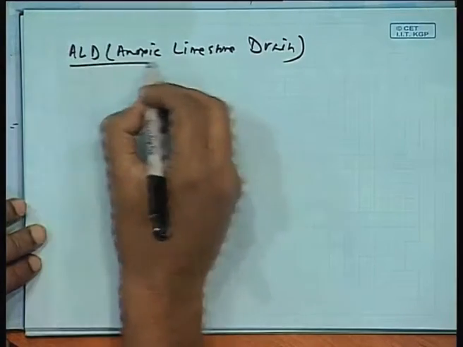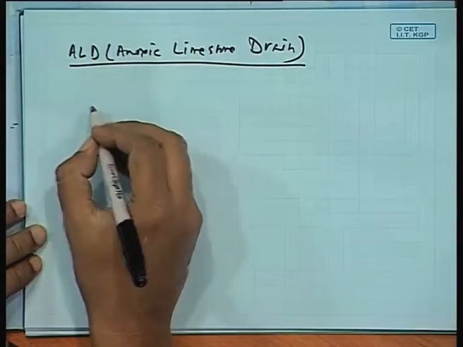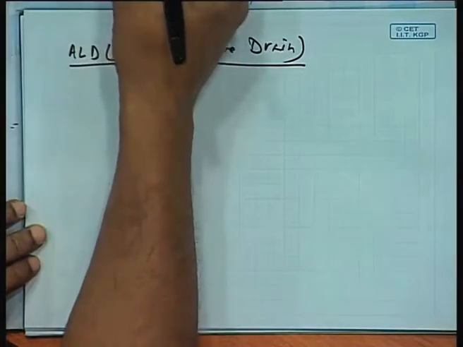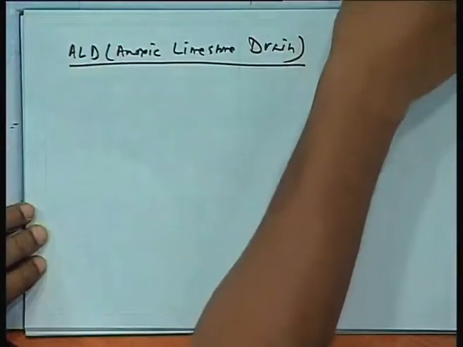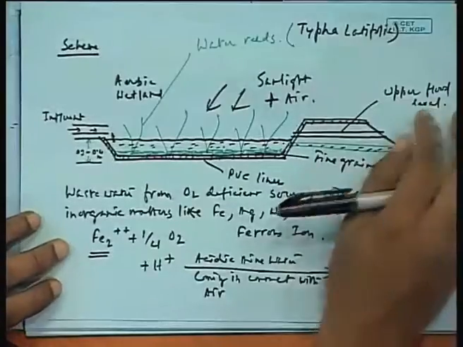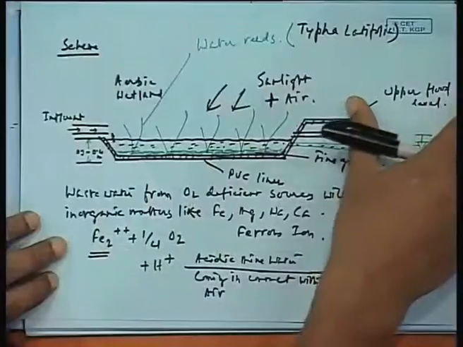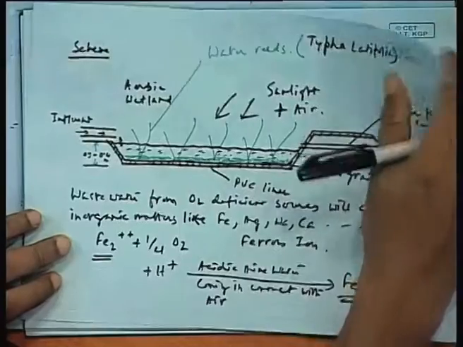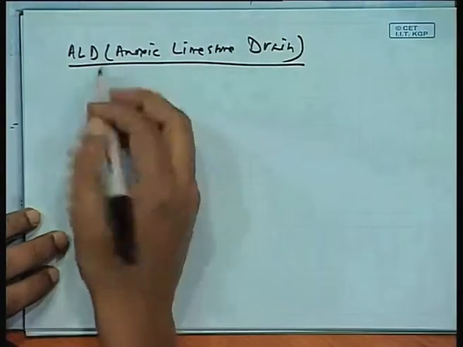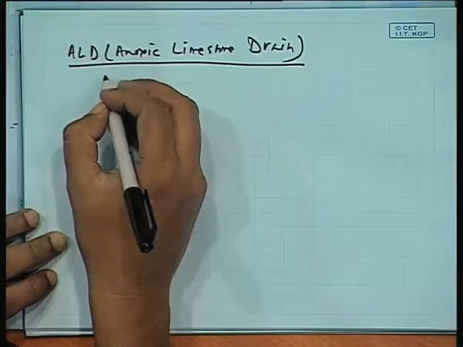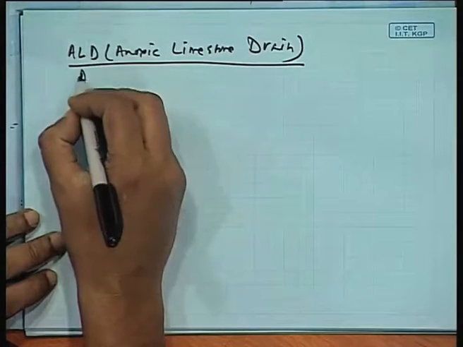Before the water is sent to the aerobic wetland, an anoxic limestone drain is kept before it. That is why it is known as a pre-treatment method. It is not the major treatment method.